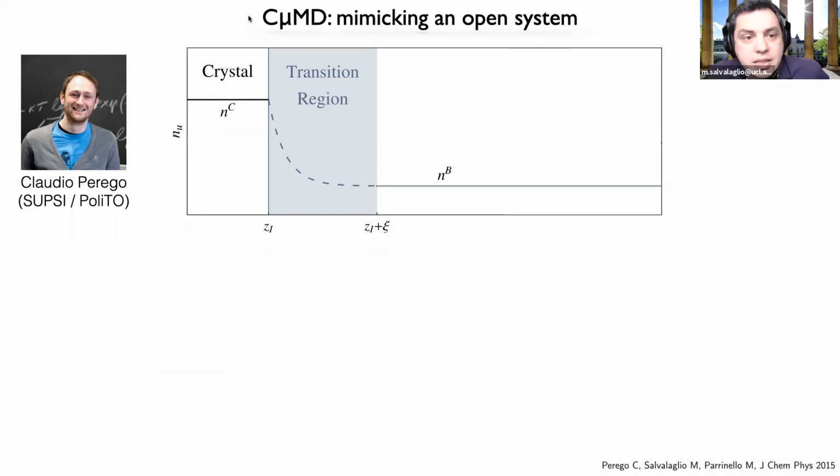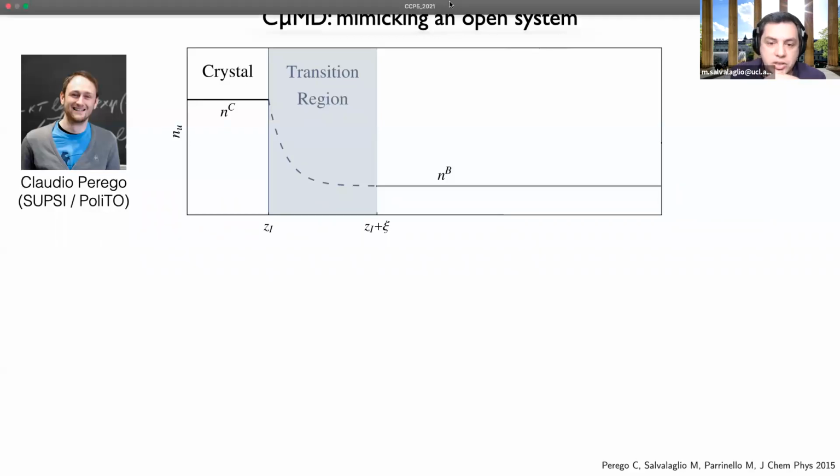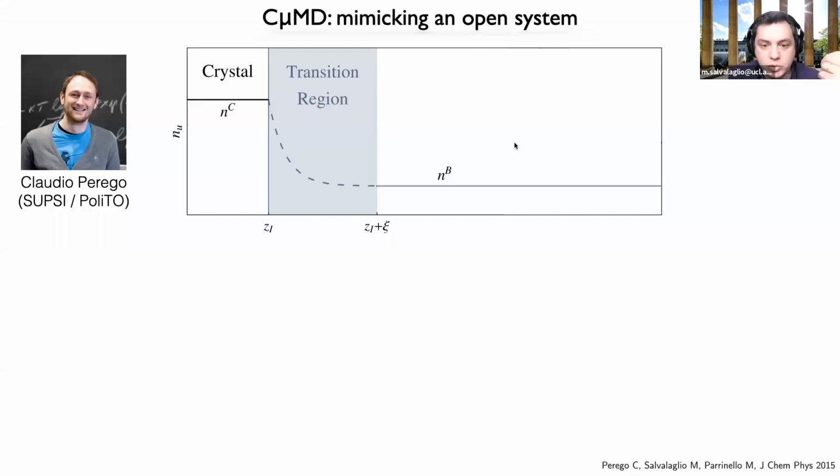That stands for Constant Chemical Potential Molecular Dynamics, and is based on the idea that we can use this flexible approach that CUMD allows to introduce forces in a system such that they maintain the concentration of solute molecules constant in a certain region of the simulation box that represents the bulk.